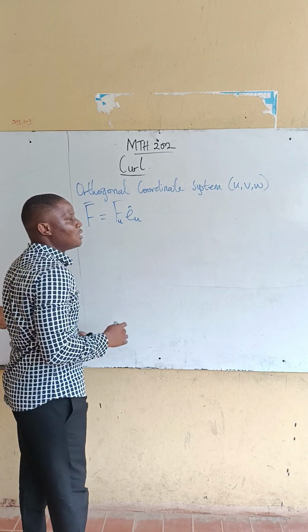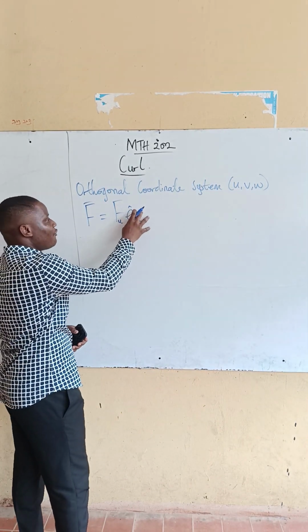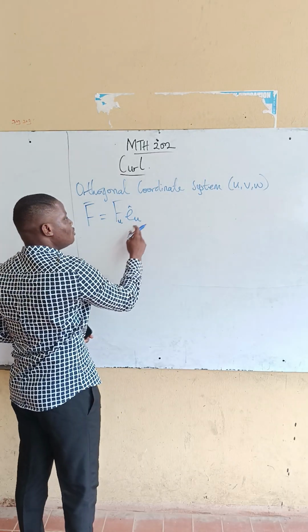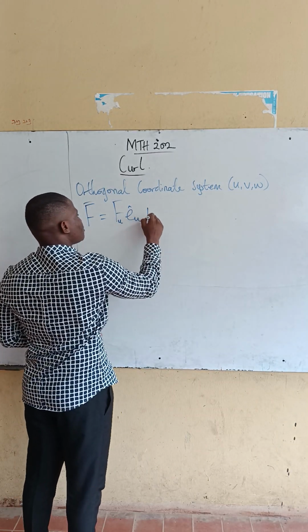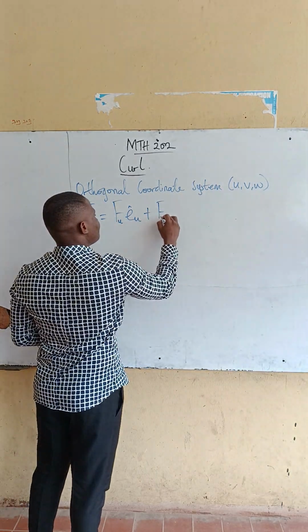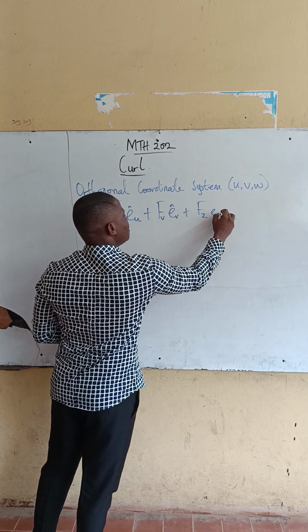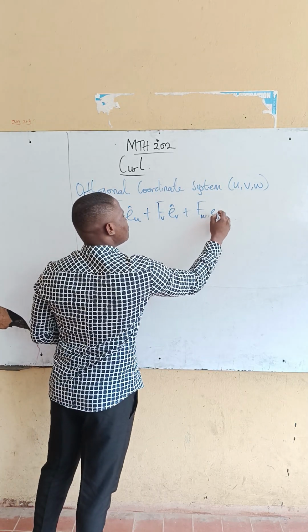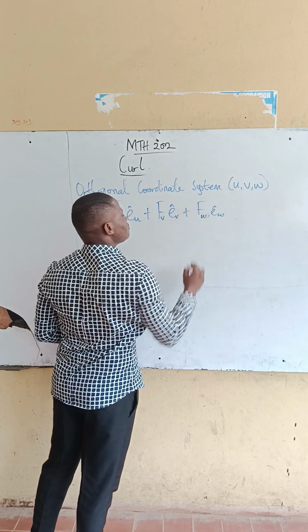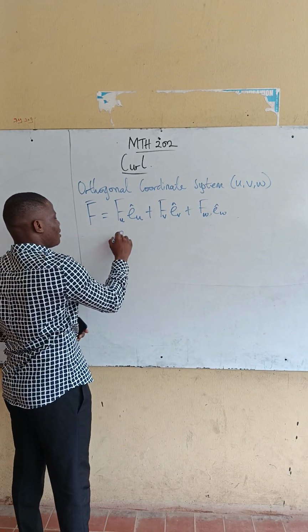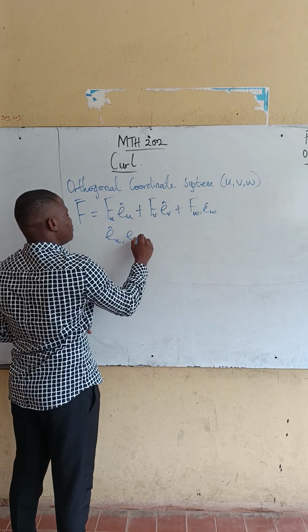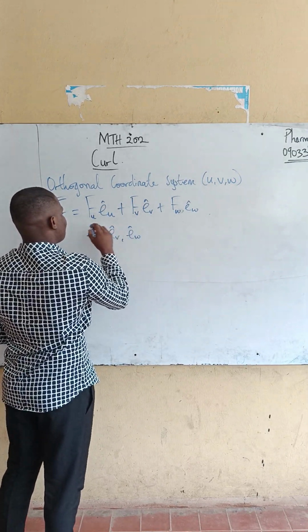Don't forget that the unit vectors have now changed from i, j, k to eu, ev, ew. Here also I should have Fv ev, and Fw ew.